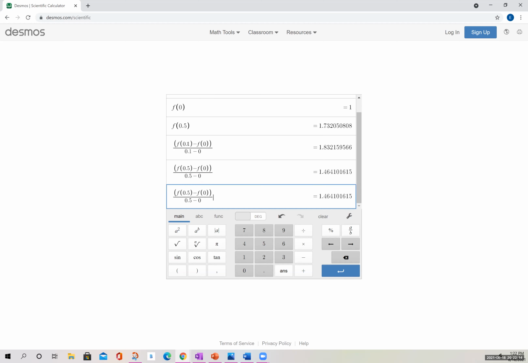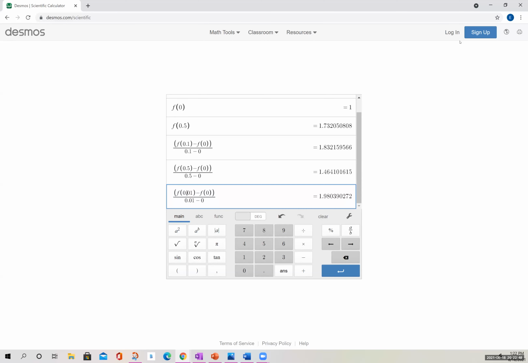Let's choose a number even closer to 0 than 0.1. So how about 0.01? So my x value is 0.01. So notice that my slope is 1.98, or almost 2.